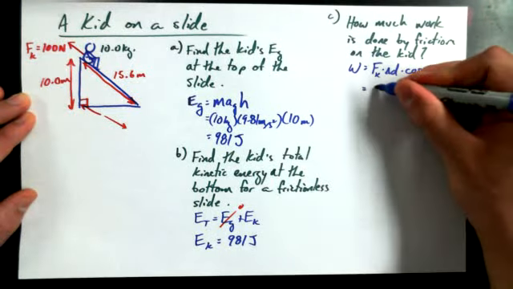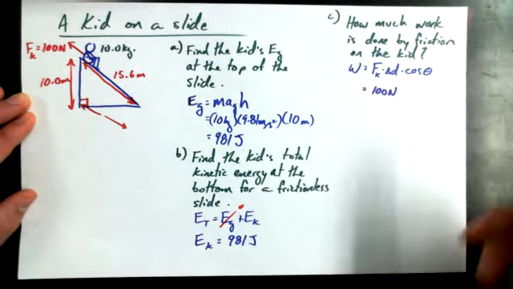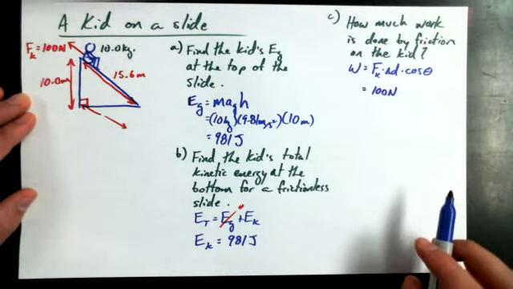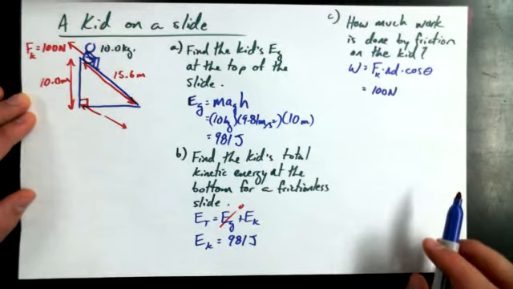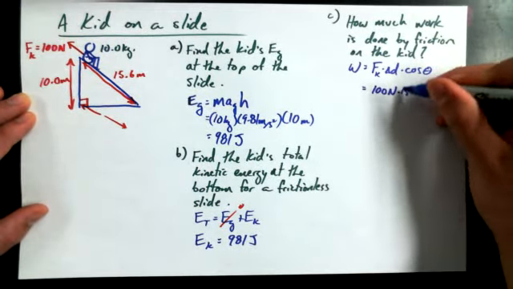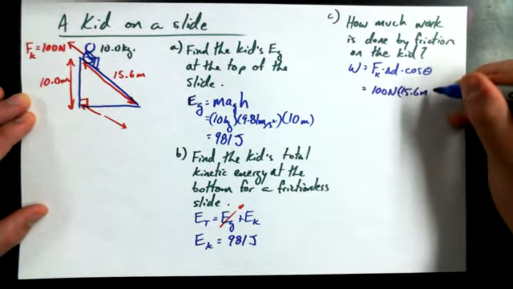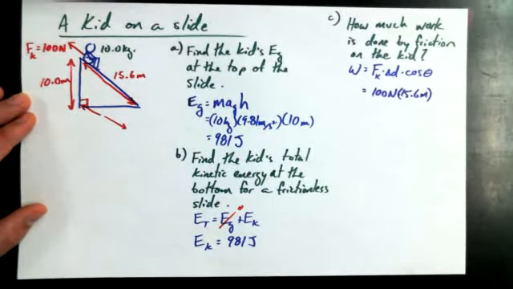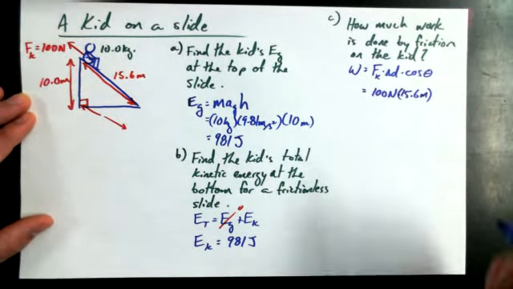So throwing in that 100 newtons for friction, as the kid slides along, what's the displacement that I'm going to use? Is it the vertical displacement or is it the angled displacement? Angled, yeah. 15.6 meters. That's a pretty big slide. It's like one of those amusement park slides, I guess. What's the angle between displacement and the friction force? 180.